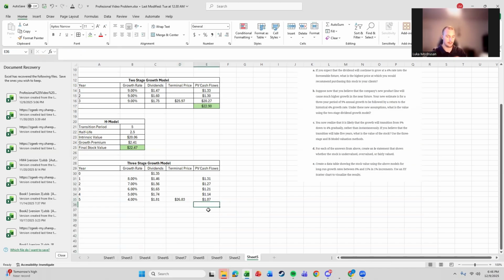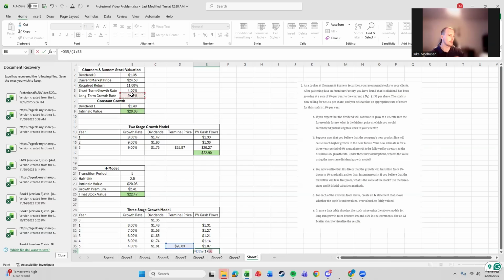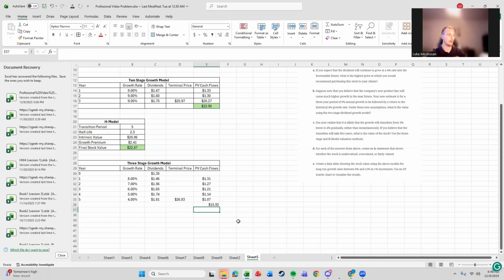Perfect. And then right here, we're just gonna do this divided by 1 plus the long-term growth rate. I'm sorry, not the long term, the required return to the power of the dedicated year. All right, that'll give us that.